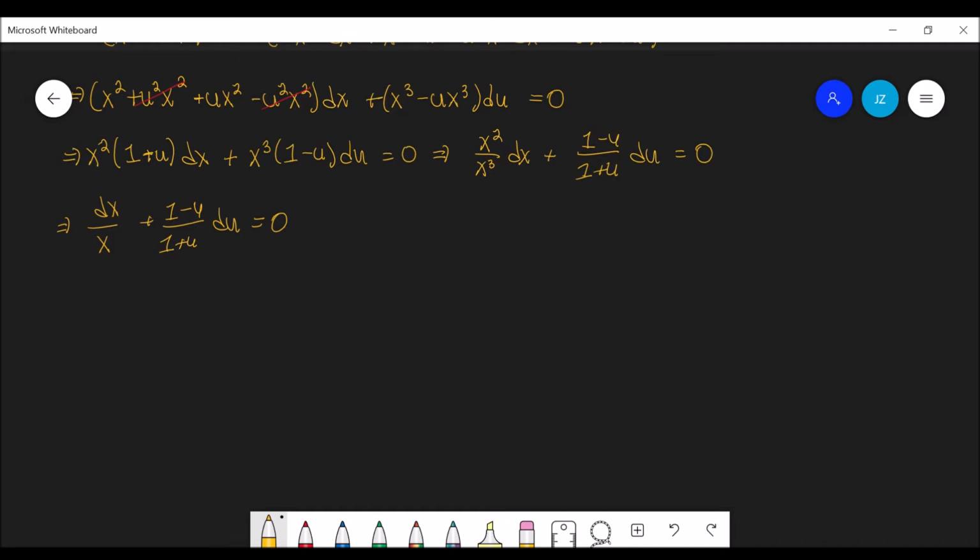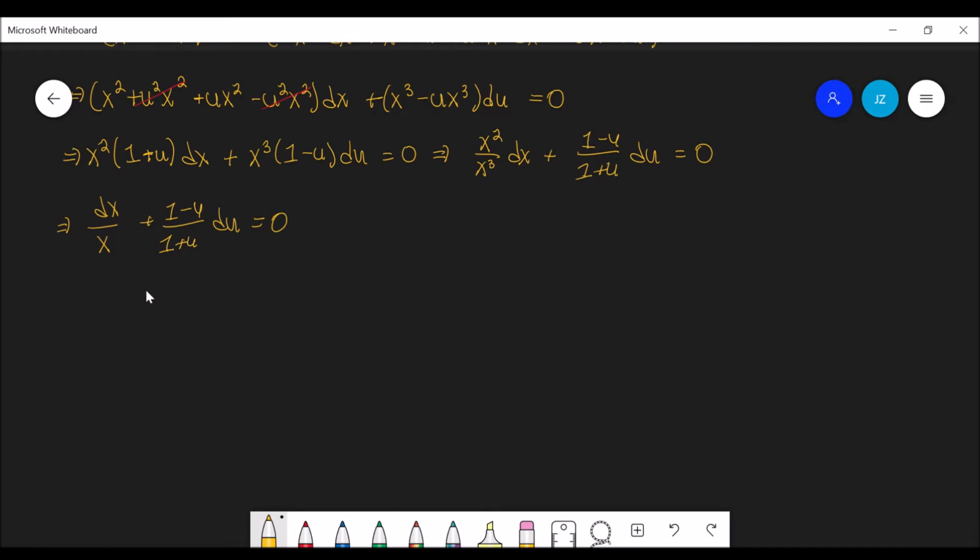Now we're going to go and integrate. To do this, we first want to rewrite (1 minus u) over (1 plus u). This is done using either synthetic division or polynomial long division.